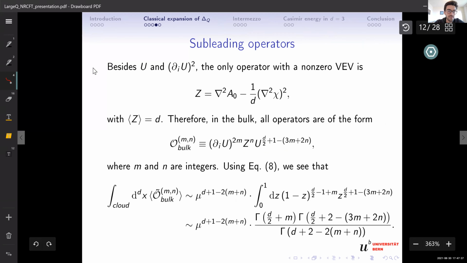So I just collect factors of mu, of z, of 1 minus z, right? And I have an expression like this for the contribution of this operator to the charge, to the conformal dimension. Okay. And so, the goal is to evaluate and analyze a little bit the behavior of this integral here.